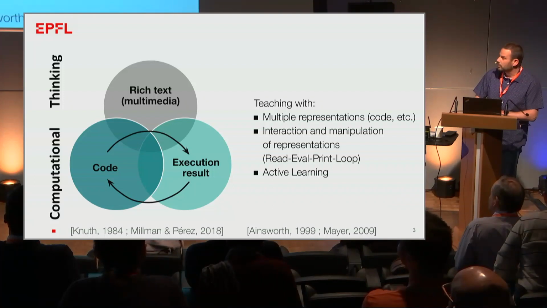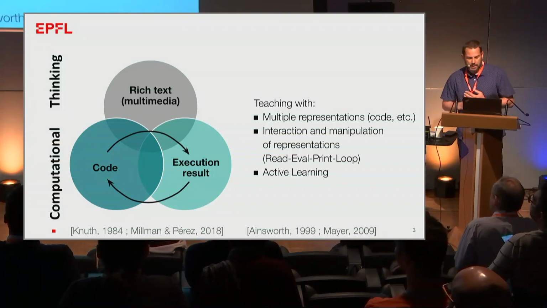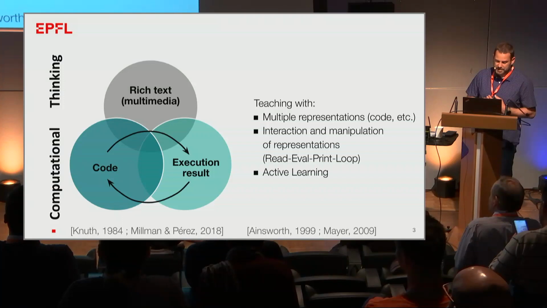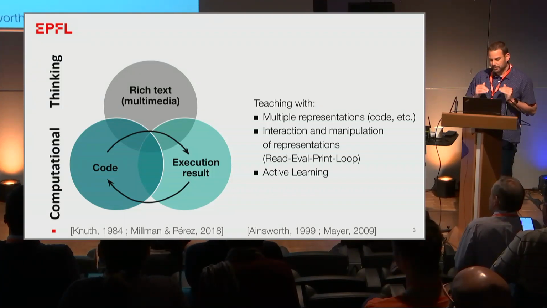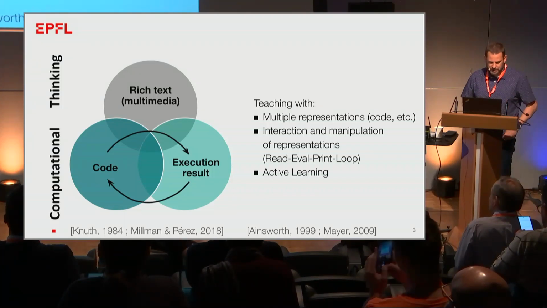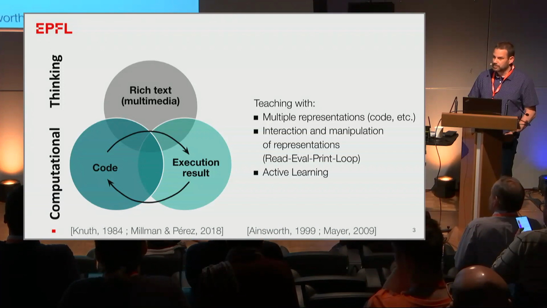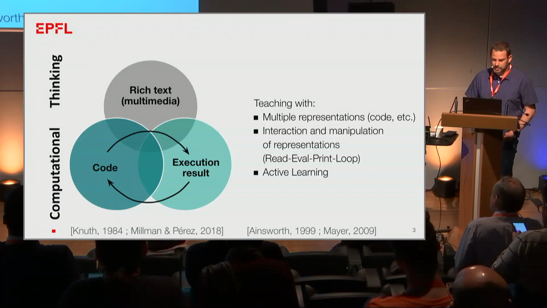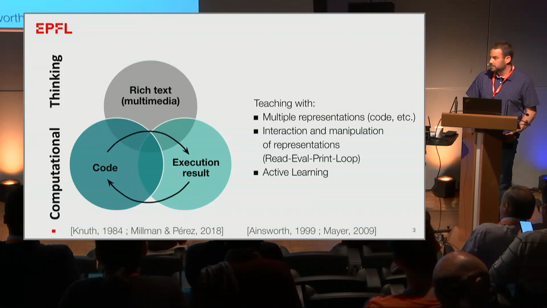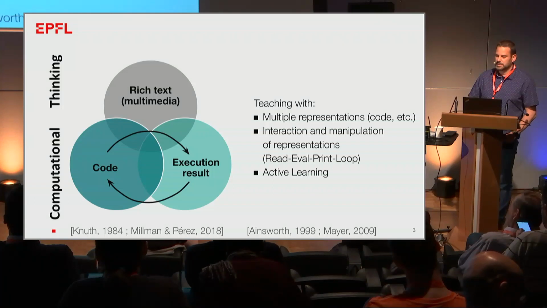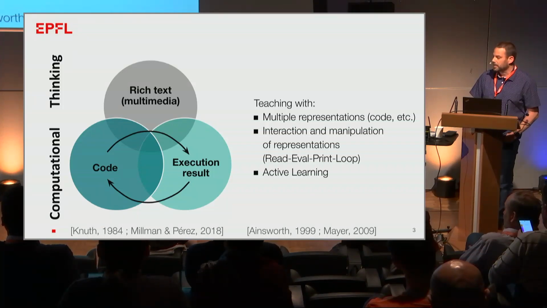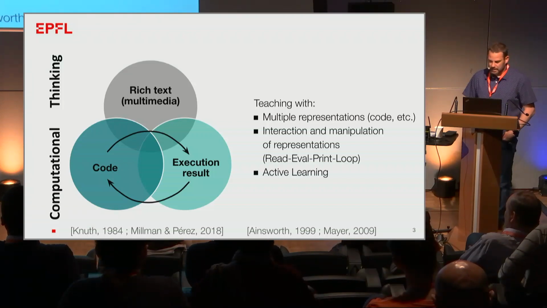So let's go. What is computational thinking? From this diagram, you can see that it's made of two main components. One is the multiple representation of a concept. So for every concept we try to teach students, we try to represent it with as many representations as possible, being code, text, rich text, and sound diagrams, whatever fits the purpose.